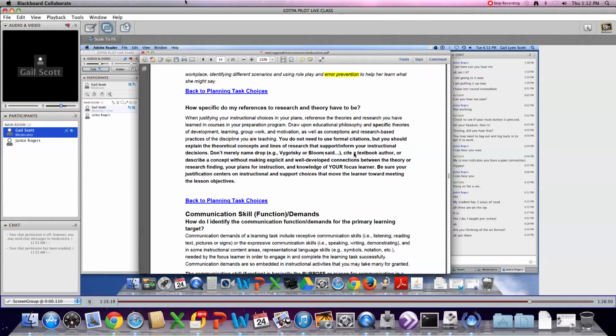It says don't name drop, cite the textbook author, describe a concept without making explicit and well-developed connections between the theory or research to your plan for instruction. So-and-so, the blah, blah, blah learning theory says blah, blah, blah.